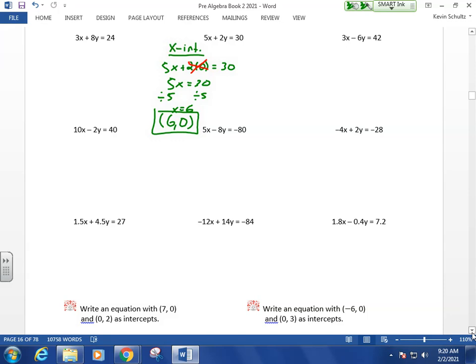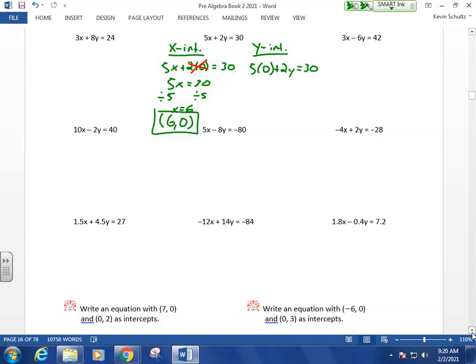For the y-intercept, same kind of deal, only this time we'll be setting x equal to 0. Because for the ordered pair of every y-intercept, x will always be 0. So we have 5 times 0 plus 2y equals 30.